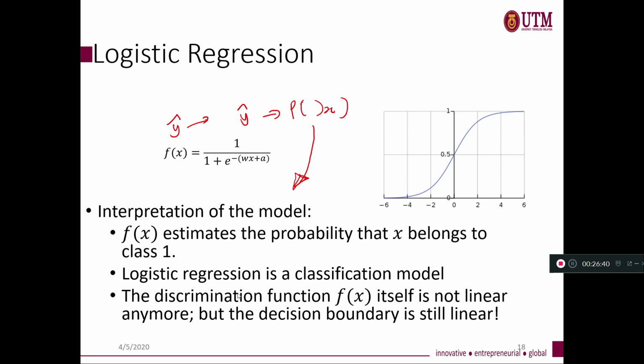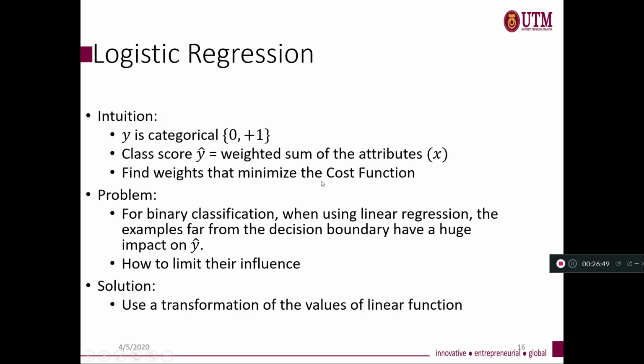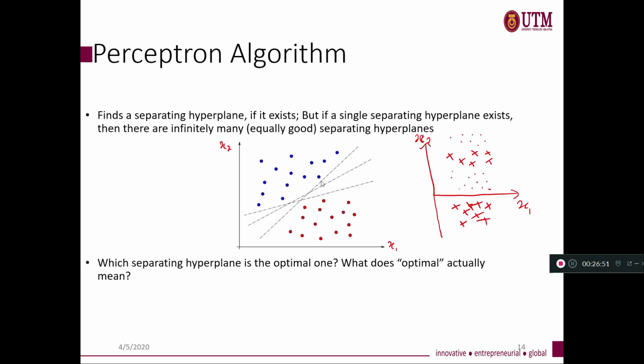But the decision boundary is still a hyperplane, as you can see in this figure. It's still linearly separable, so you still have this disadvantage in solving this case.